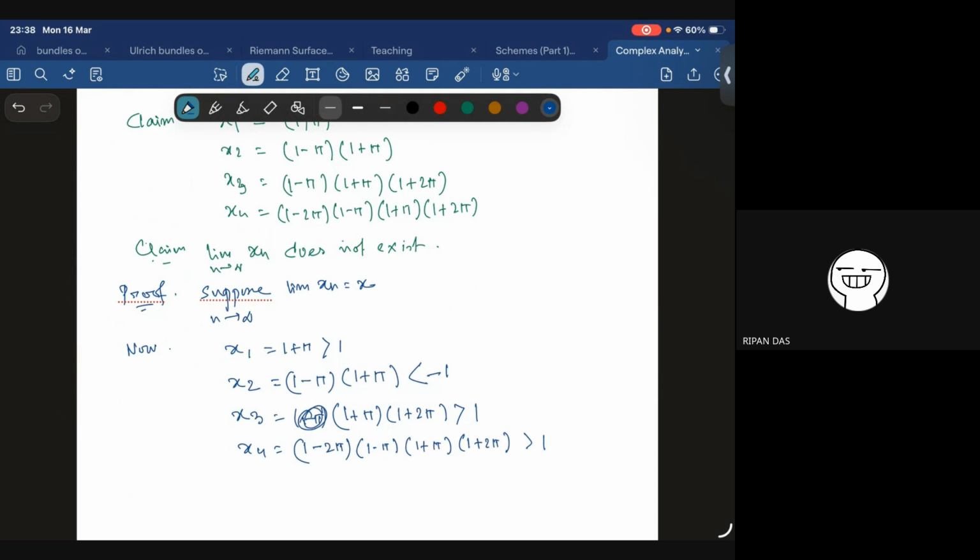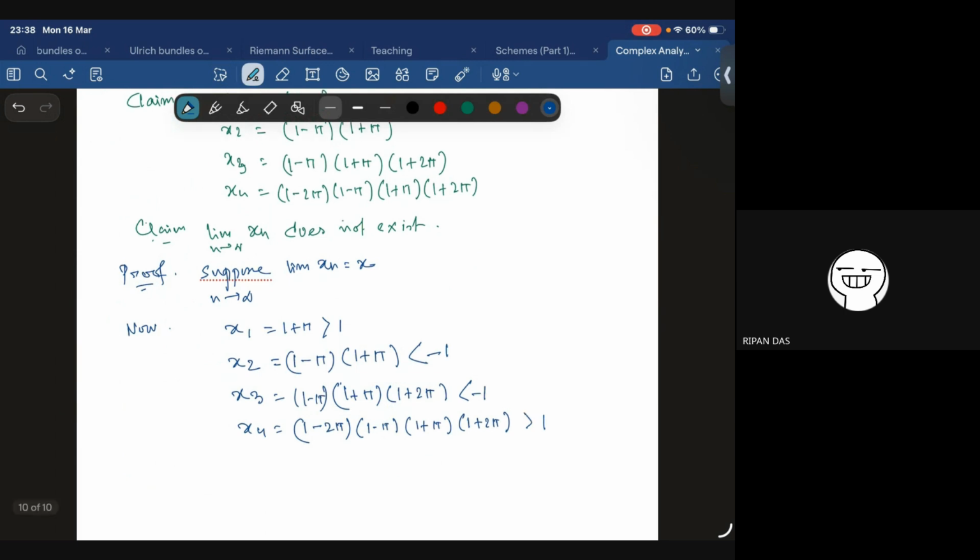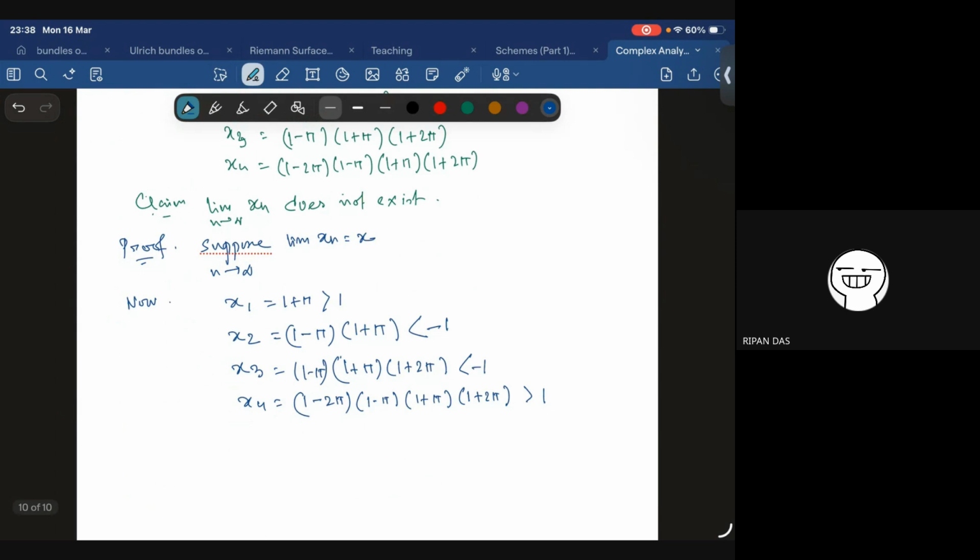Multiplying it with a positive quantity, 1 plus 2 pi, so it is greater than 1, right? It is greater than 1, that's correct, I believe. Yeah, that's good.